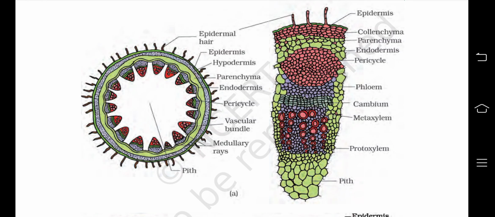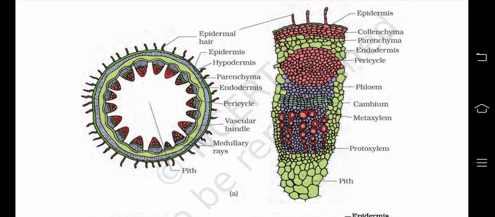After that, there come parenchyma cells, which are actually the cortical region. Then comes the endodermis, which is rich in starch and often called starch sheath. Then comes the pericycle, which is present in the form of semilunar patches of sclerenchyma.